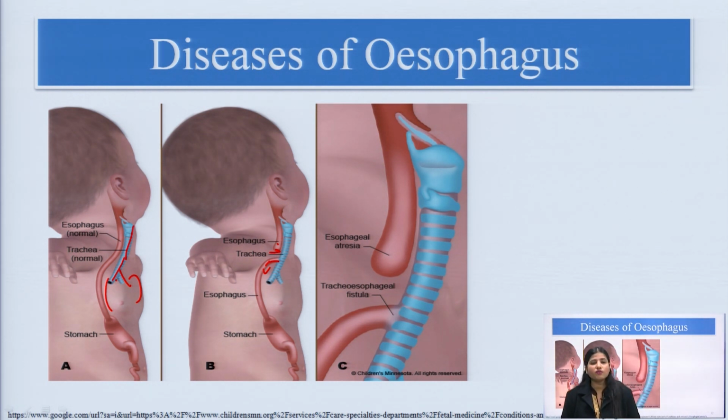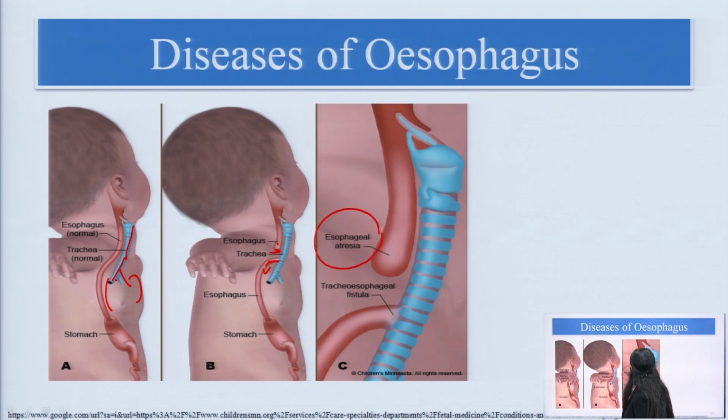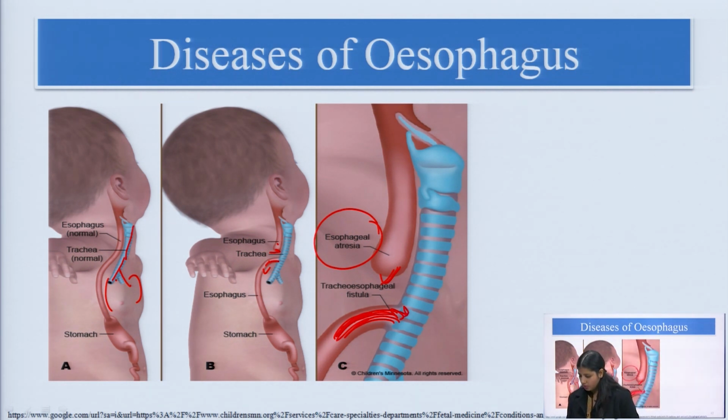This is one of the congenital problems. In this enlarged picture we can see there is esophageal atresia, the esophagus is blocked, and there is a fistula. The second portion of the esophagus opens into the trachea region. I hope this is clear to all of you.